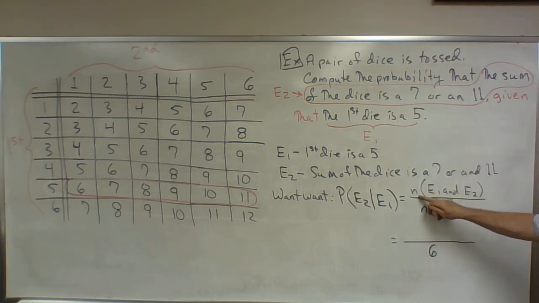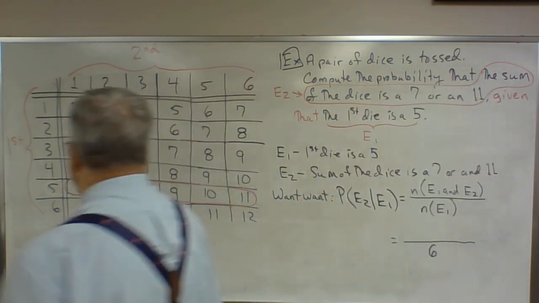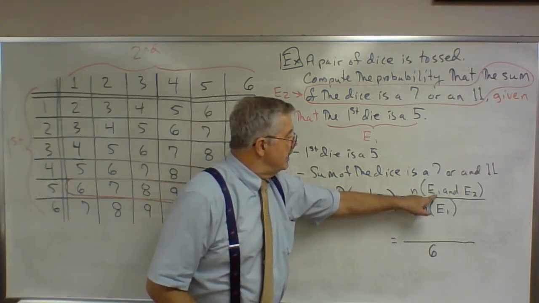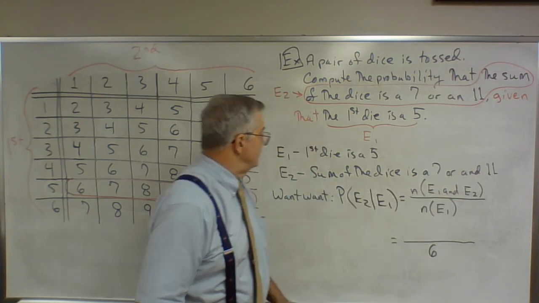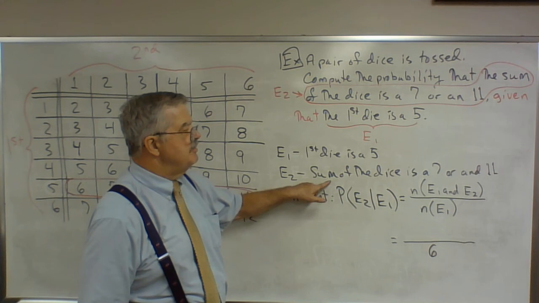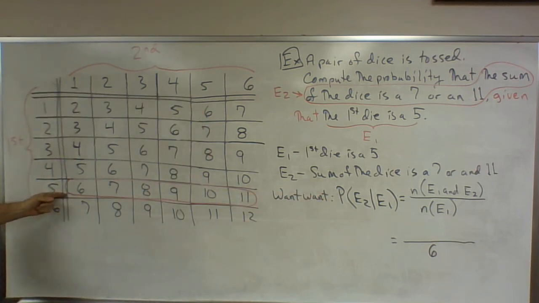What about the number of ways that E1 and E2 can happen? The first die is a 5, and the sum of the dice is 7 or 11. Since we are insisting that E1 and E2 both happen, we're only going to look in the row that has outcomes in which the first die is a 5, E1.